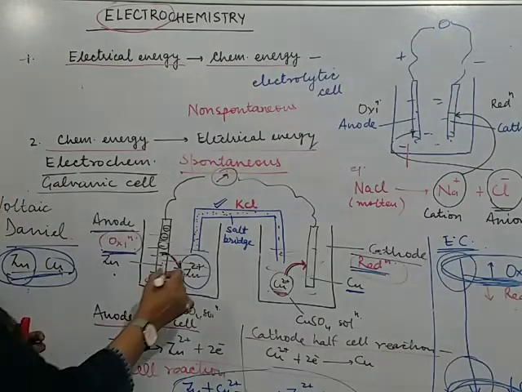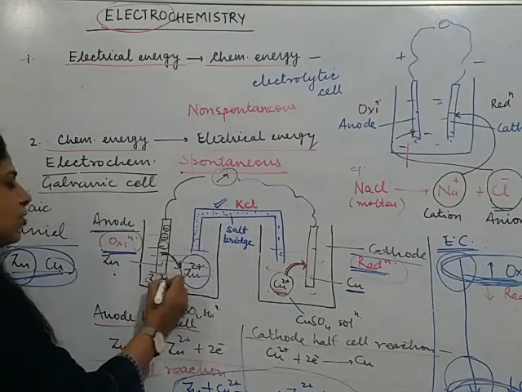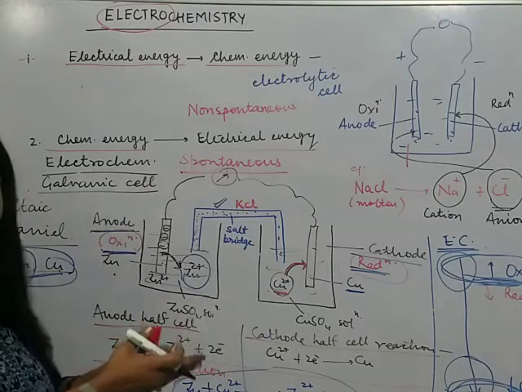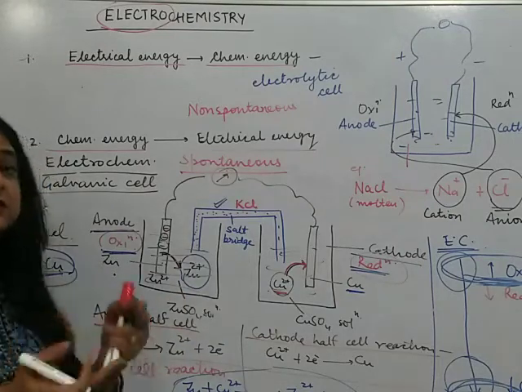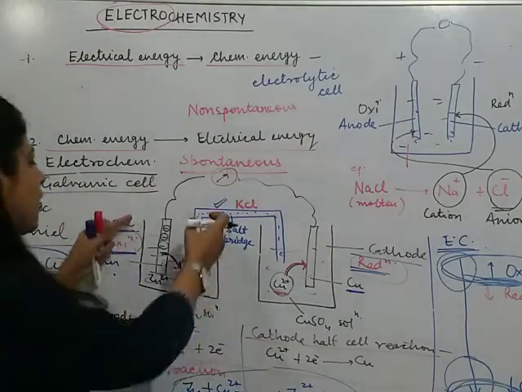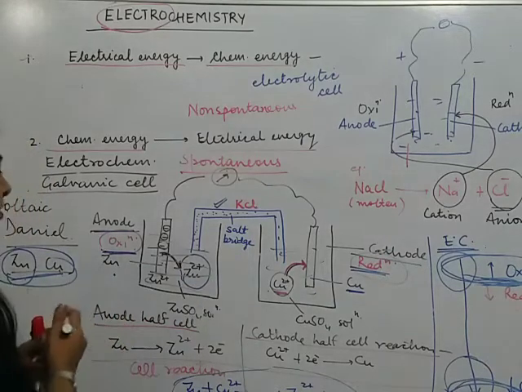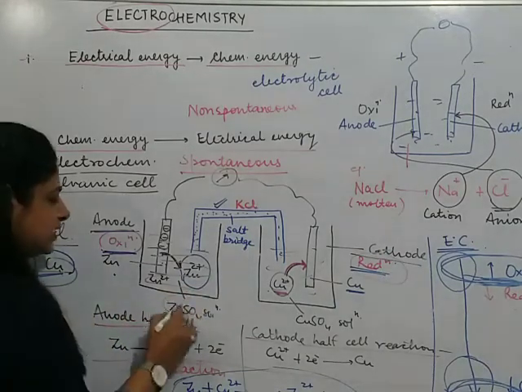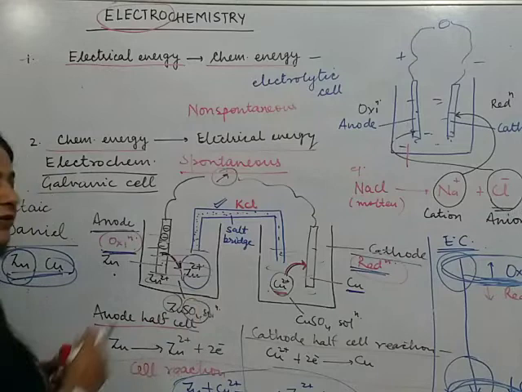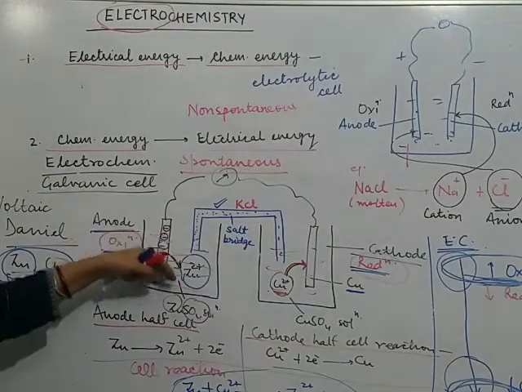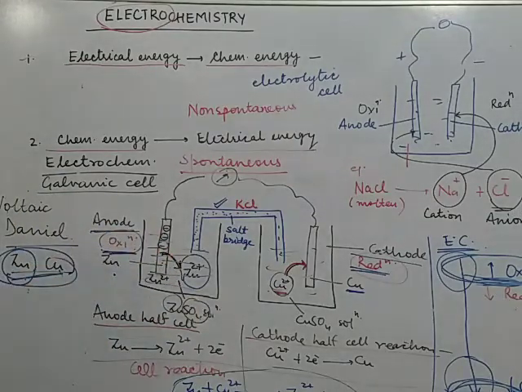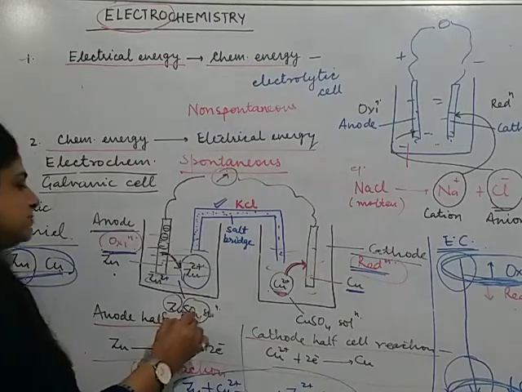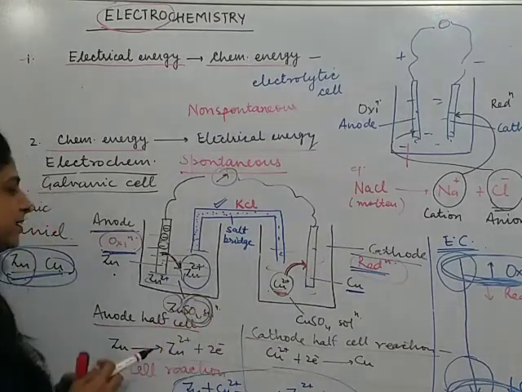Now this will result in accumulation of a lot of zinc ions in the solution, which will disturb the electrical neutrality of this cell, because it has zinc ions and sulfate ions already. Now we have surplus zinc ions and some sulfate ions are also there.